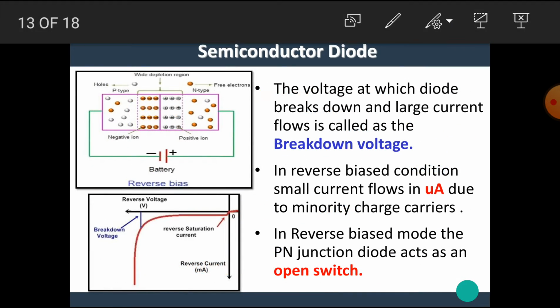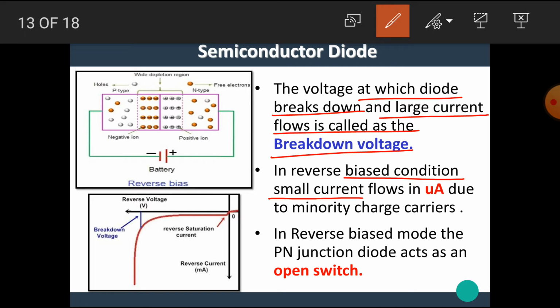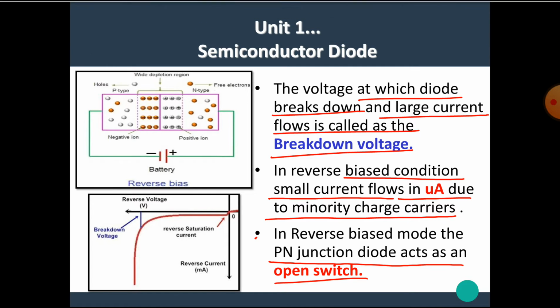Let's see what happens next. The voltage at which the diode breaks down and large current flows is known as the breakdown voltage. In reverse bias condition, a small current flows in microamperes due to the minority charge carriers. In reverse bias mode, the p-n junction diode acts as an open switch.